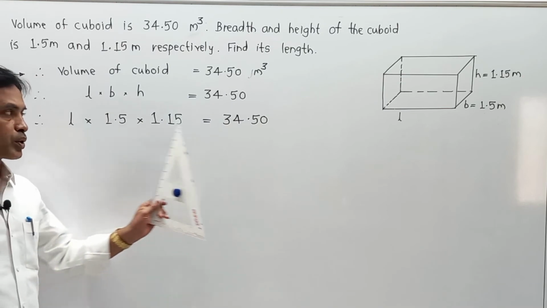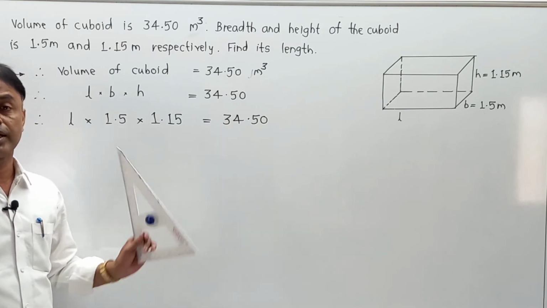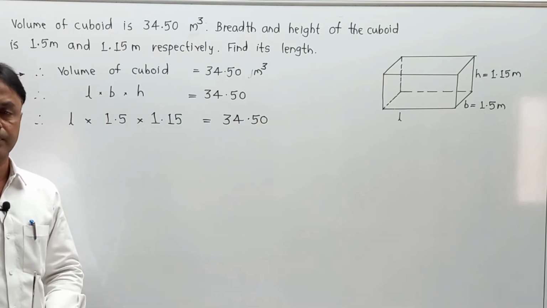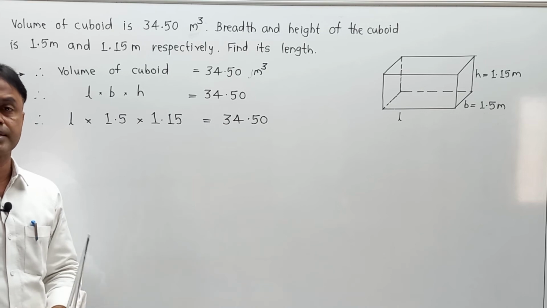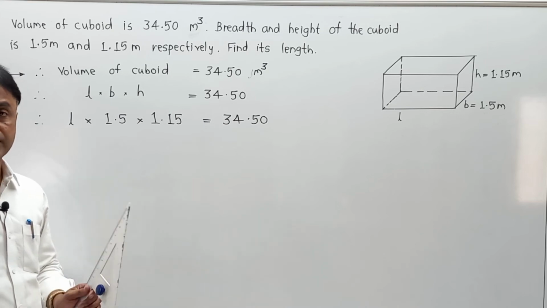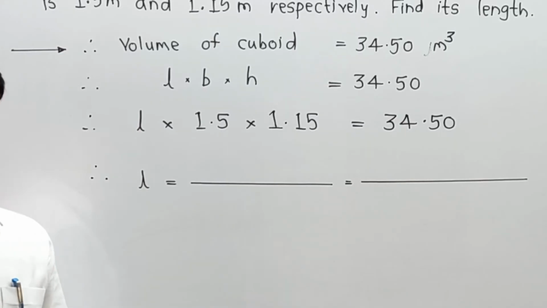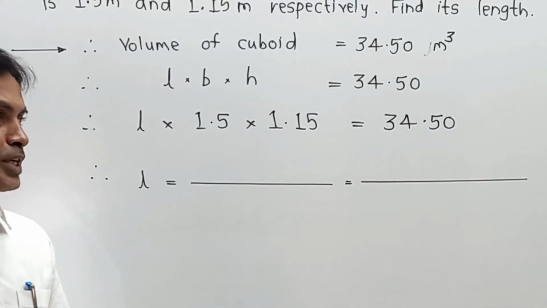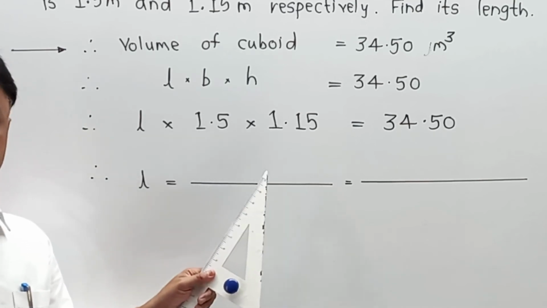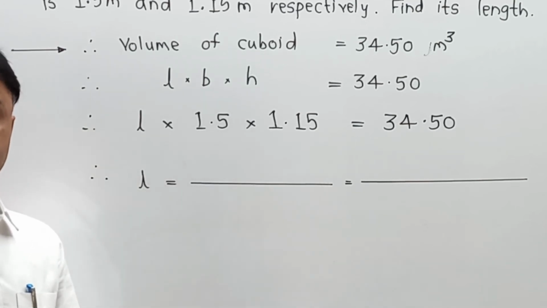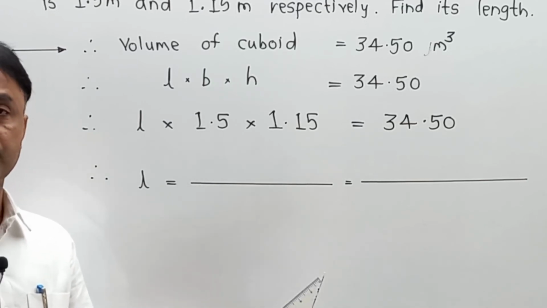Now this numerical is not related to the unit, it is totally related to the mathematical calculation, and many students make silly mistakes here. So please pay attention, as I am going to solve this calculation and give some fundamental tricks.